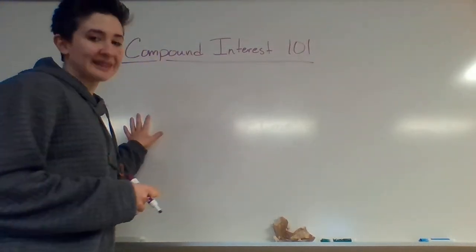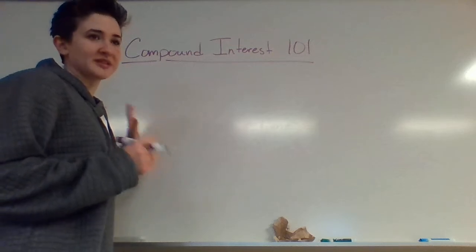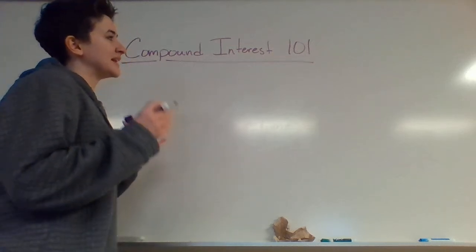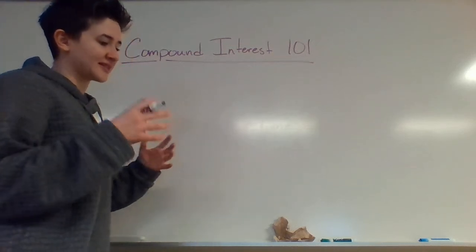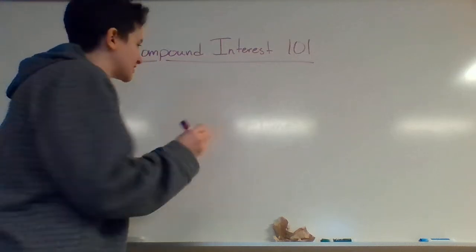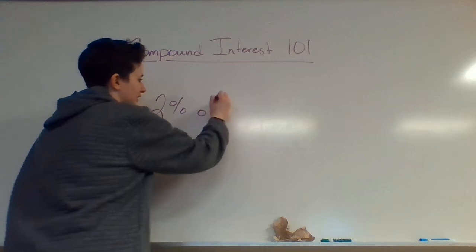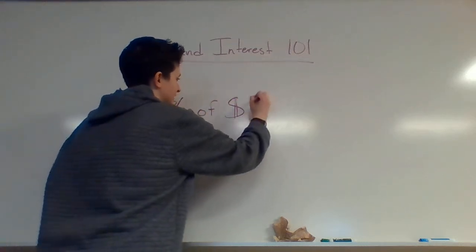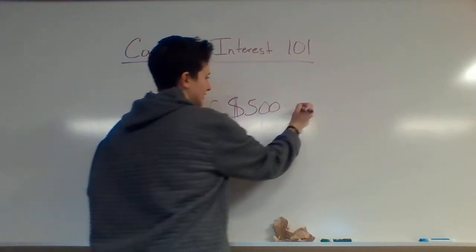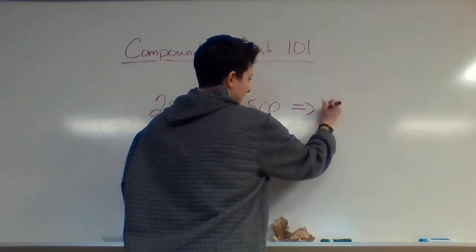Okay, in the last video that you guys saw from me, we worked with simple interest. Simple interest is simple, being that it adds the exact same thing every time. So we remember we talked about how 2% of $500 was $10.